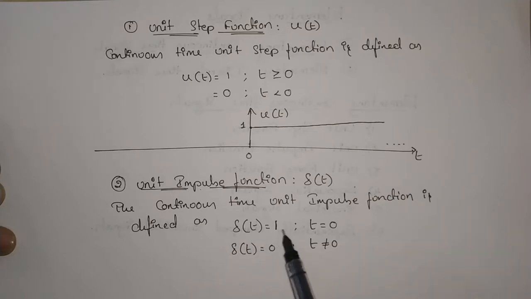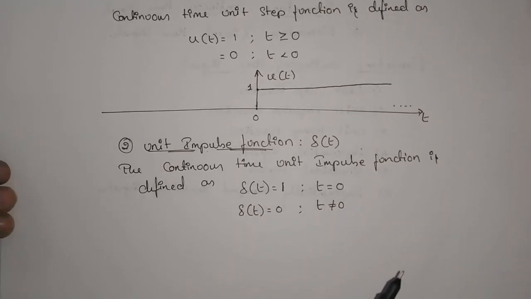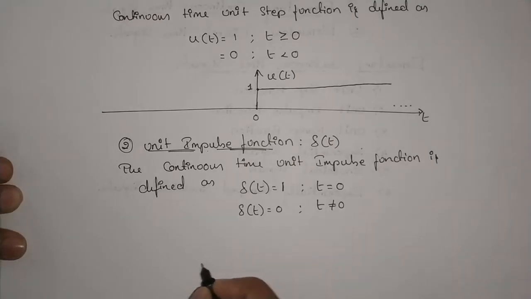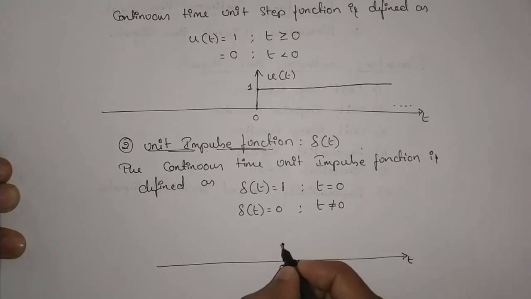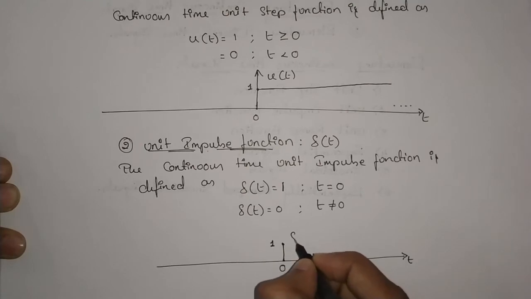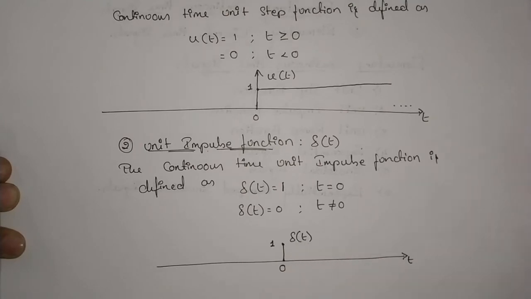Graphically, at t equal to 0 the value is 1. For t not equal to 0 it is 0, for both positive and negative values of t.